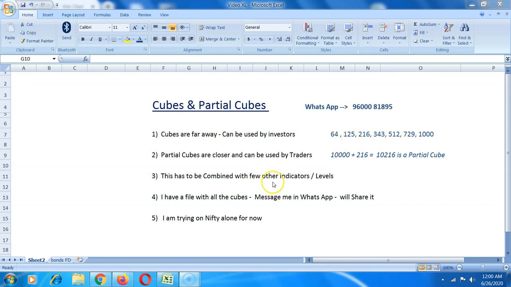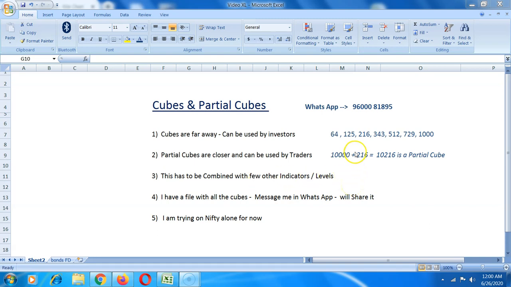Again, like I said, this cannot be the sole thing. In trading you need to combine many skills. Predicting is one thing, and converting the prediction into a profitable trade is another thing. So you have to manage the risk, manage the capital and allocation properly, and combine with a few other indicators.